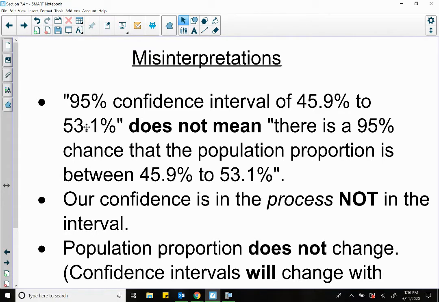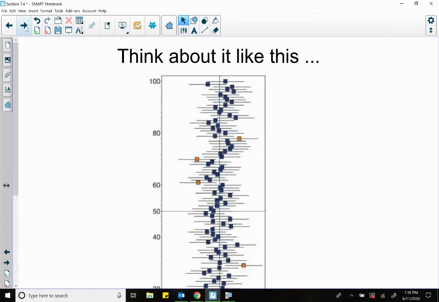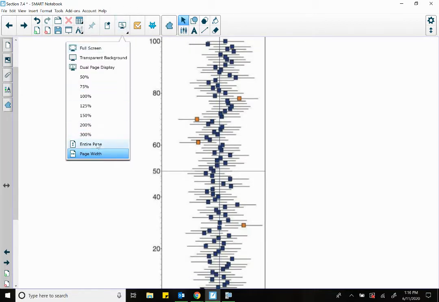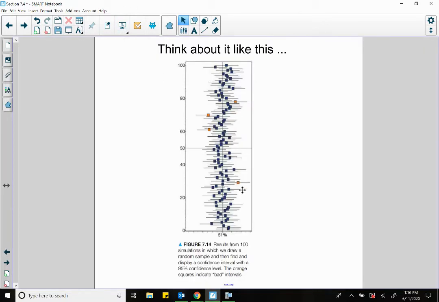So to illustrate that further, think about it like this. Here I have run an experiment 100 times, and I produced a confidence interval every time. So that's what these little lines are. Those are my confidence intervals. The line down the middle here is the population proportion.